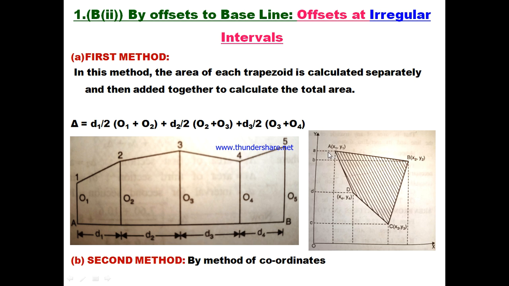Here the area can be calculated in terms of coordinates only. We know the coordinates of each point A, B, C, D. These coordinates may also be calculated with the help of latitude and departure.